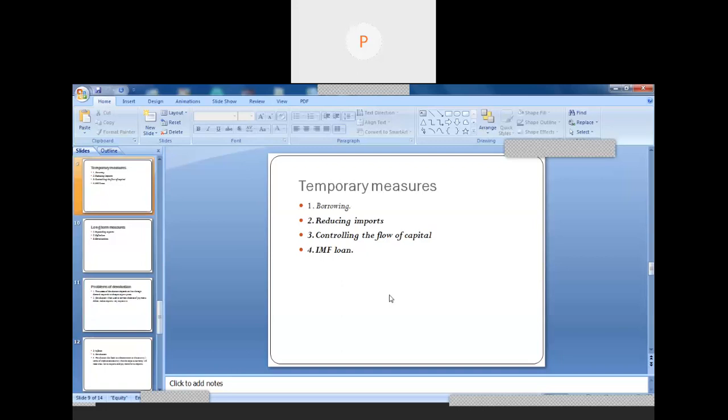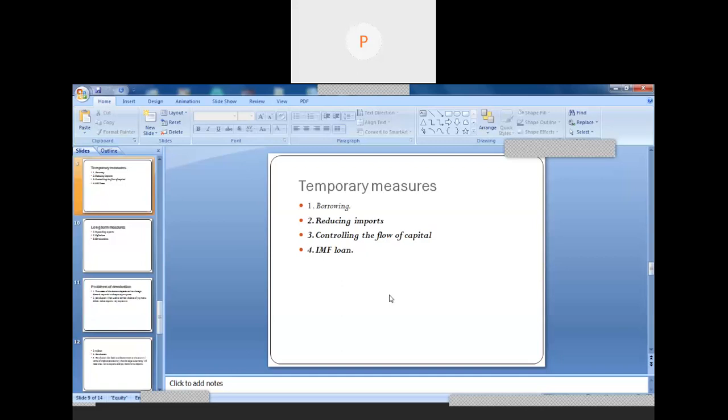Temporary measures are those activities which will lead to overhauling of the whole economy. So the first point I have written is borrowing. Obviously, for a country with a deficit, as a part of a temporary measure, you can borrow finance. Borrowing means you can borrow from the IMF, or from the wealthiest countries, US, Germany, France.